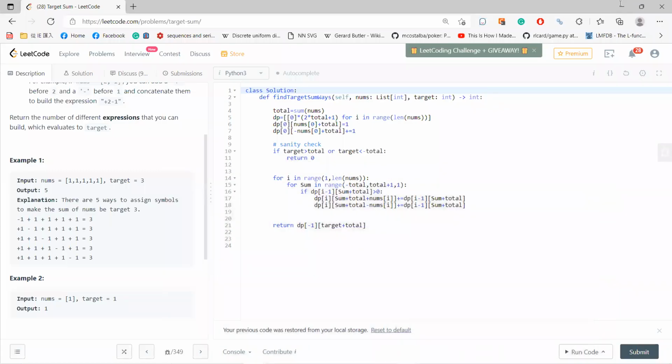So it's like this plus nums of I is the same as this, and this minus nums of I. This is just the transition equation.